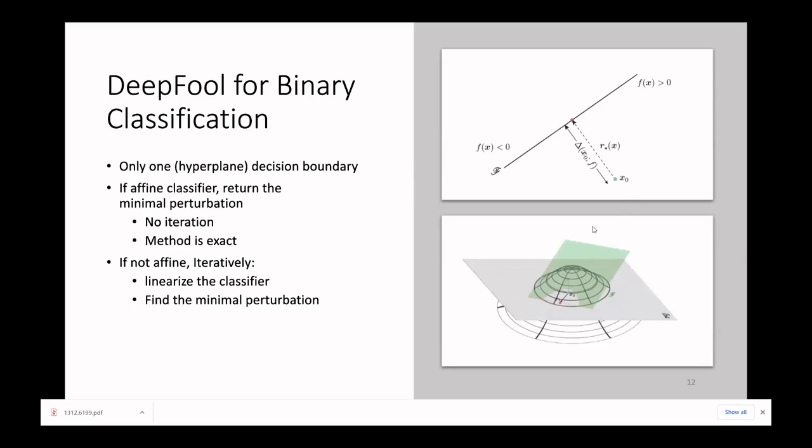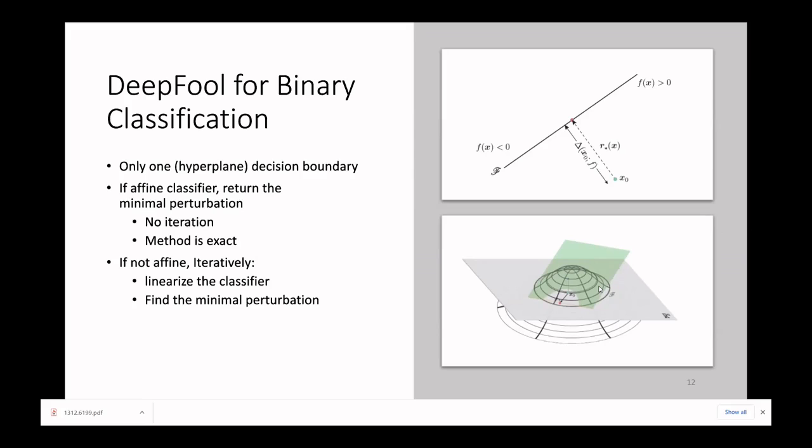But if the classifier is not affine, not linear, then we have to do the iterative procedure that we just mentioned. As shown here in the second figure, the classifier is a wireframe graph.